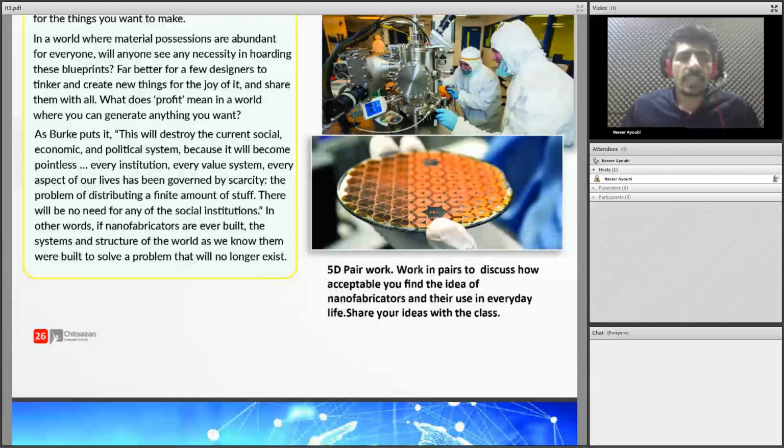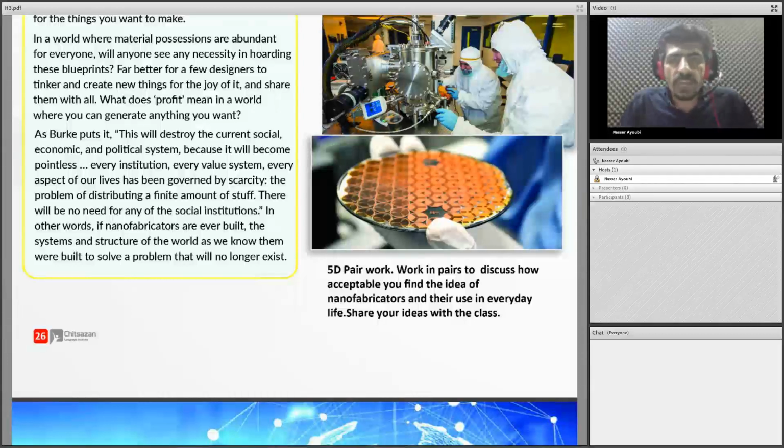Why? Because every institution, every organization, every value system, any system that imposes value on what we do and what we have, every aspect of our lives has been ruled, has been governed by scarcity. What is scarcity? Lack. The problem of distributing a finite amount of stuff.